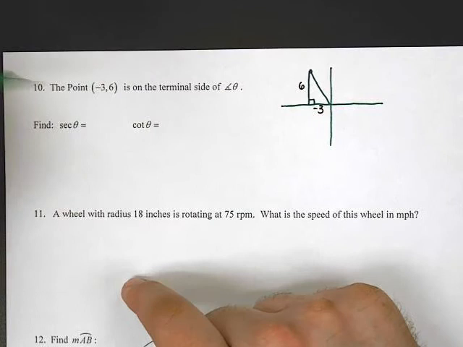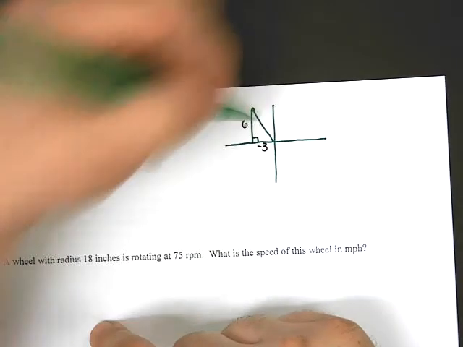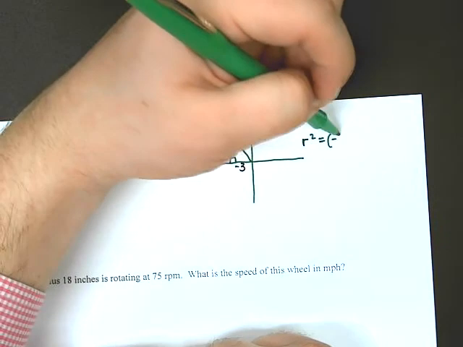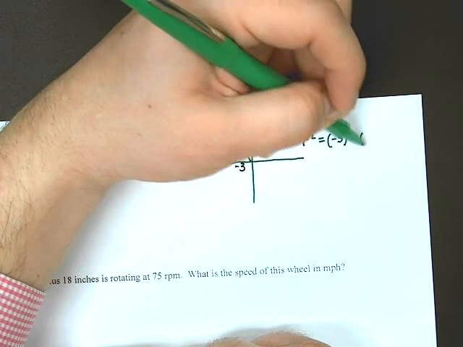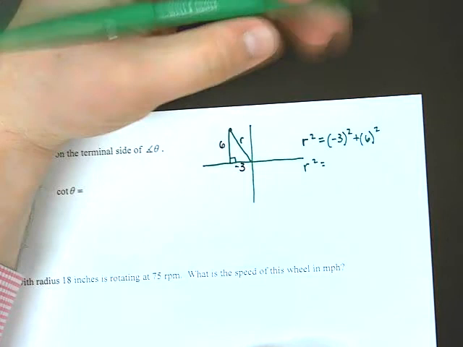And to do that, we need to remember that we have a right triangle. So I'm going to call this side r. And I'm going to say that r squared has to equal negative 3 squared plus 6 squared. That's just the Pythagorean theorem.